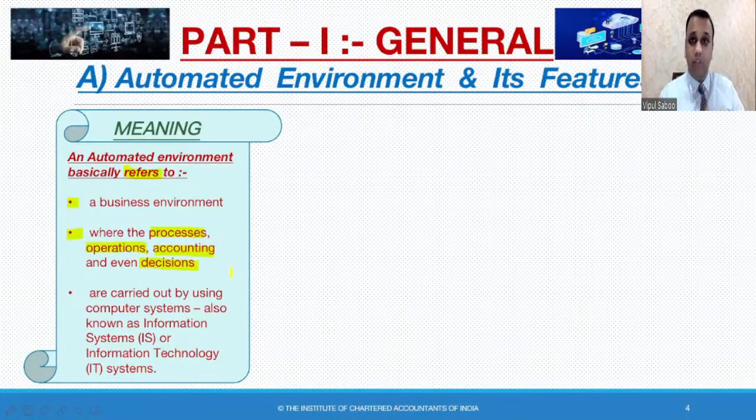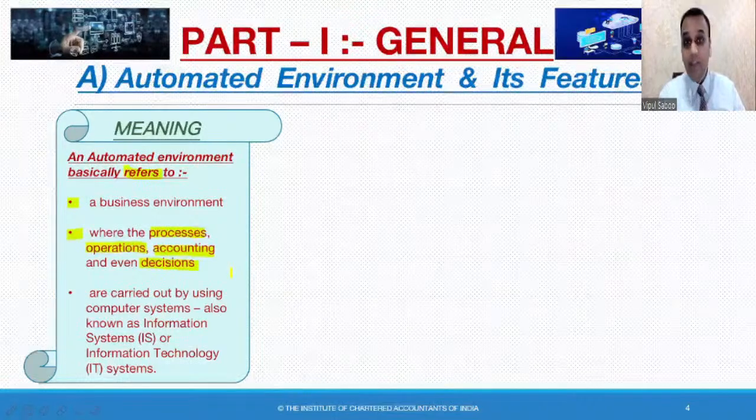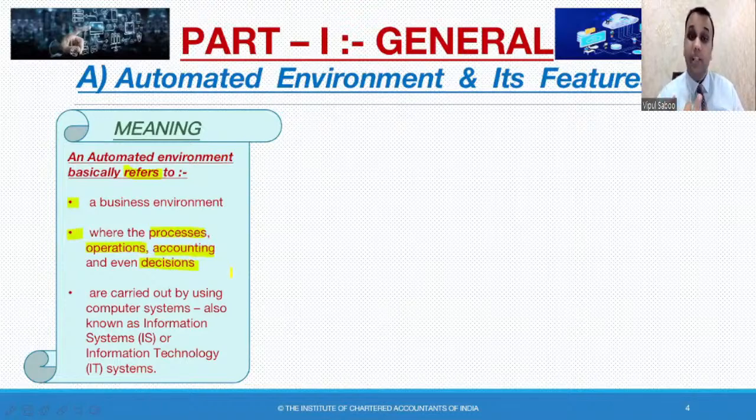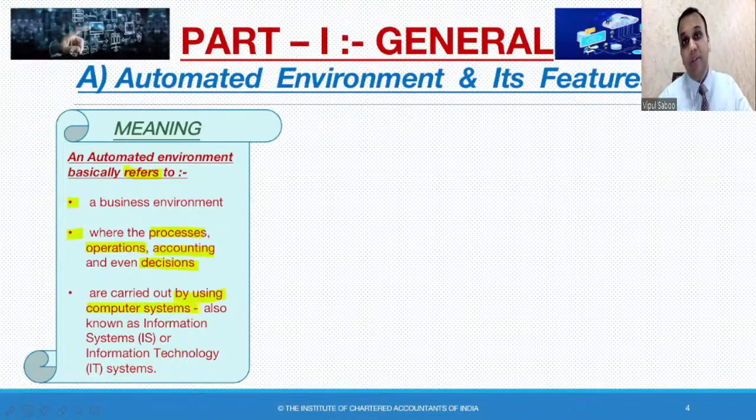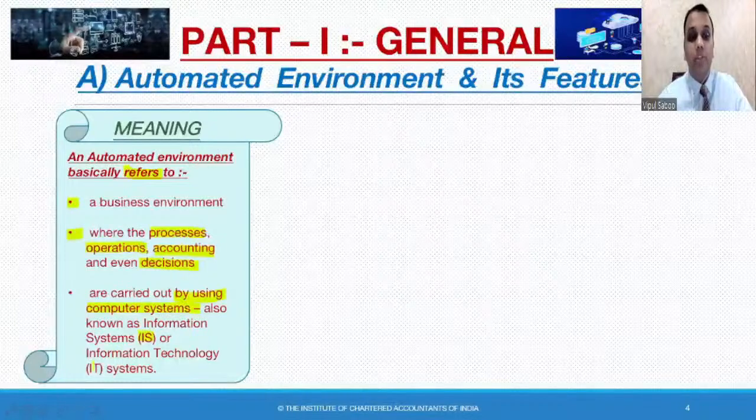So in a business environment, these are the things that occur, take place. There are processes, there are operations, there are accounting, and ultimately there are decisions to be taken. All this is carried out by using computer systems, also known as information systems or information technology systems.